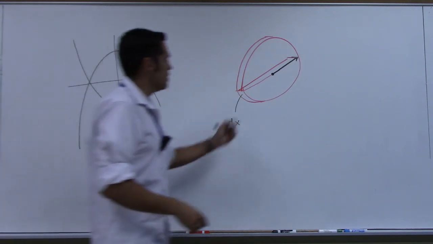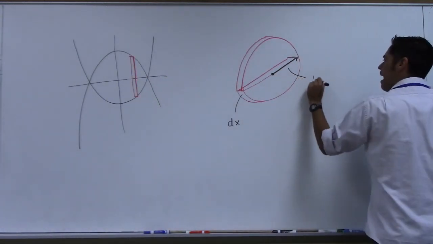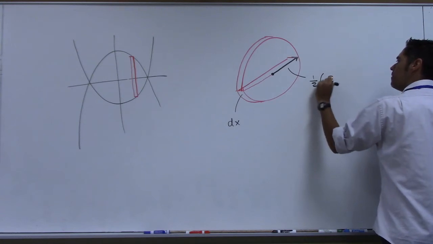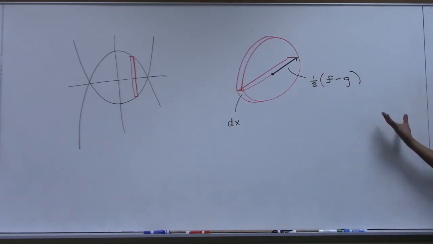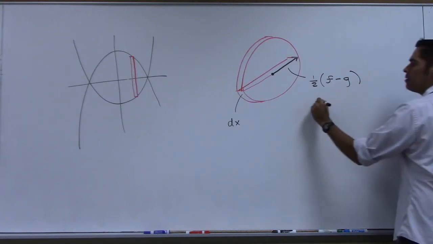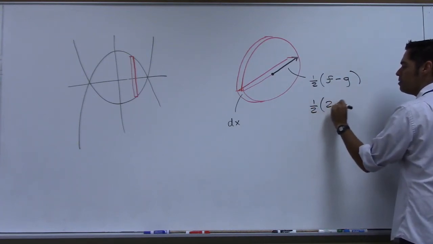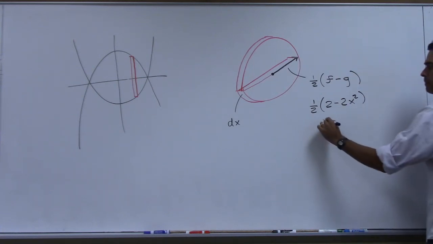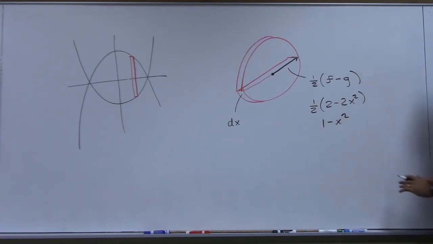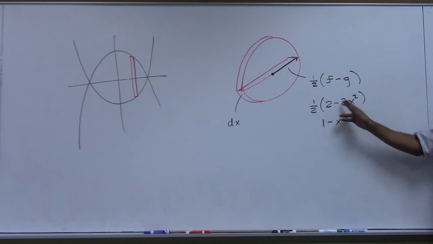So this distance will be half of the f function minus the g function. Do you agree? Everyone's okay with that? Which for us, in this particular problem, we had already done f minus g several times. It was 2 minus 2x squared. So for us, this is just 1 minus x squared. Half, half.